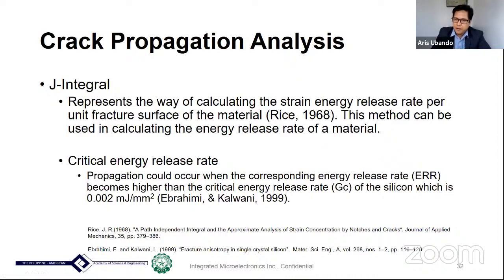Since the heart of the package is the silicon, we got from the available literature the critical energy release rate for silicon, which is 0.002 millijoules per millimeter squared. This is coming from the work of Ibrahimi and Kalwani in 1999.